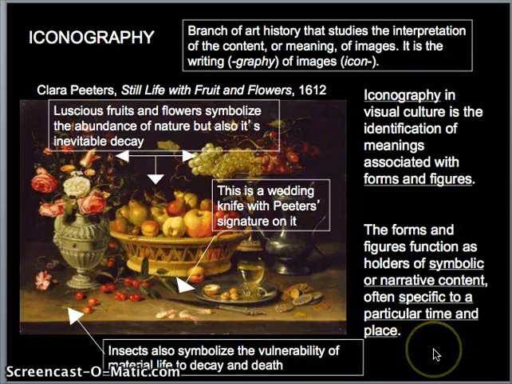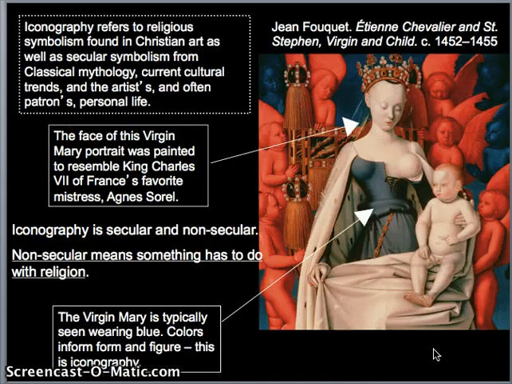So the forms and figures function oftentimes as holders of symbolic or narrative content specific to a particular time and place. What does that mean? We have to think about who was making the artwork and who paid for the artist.